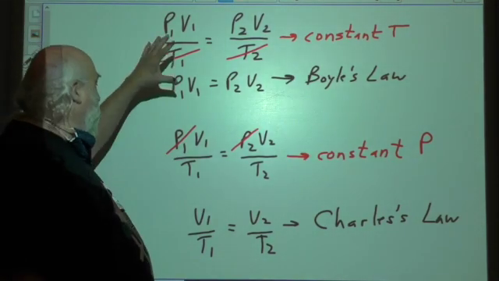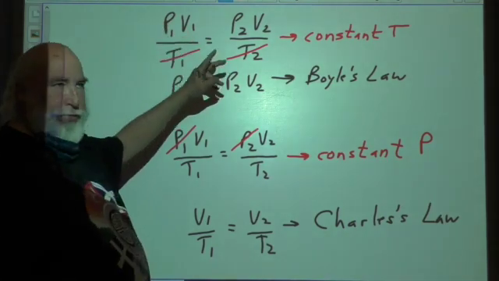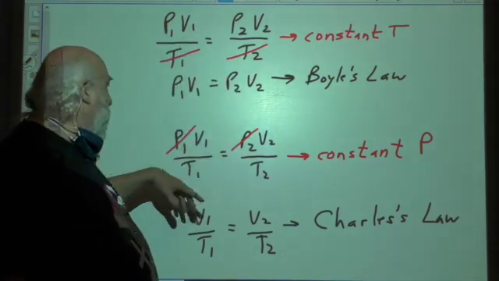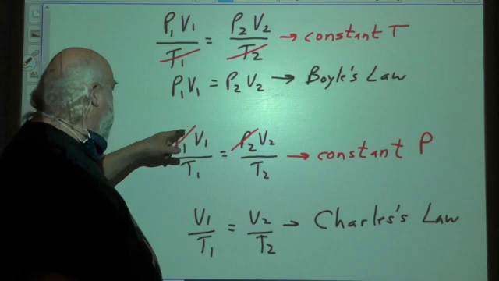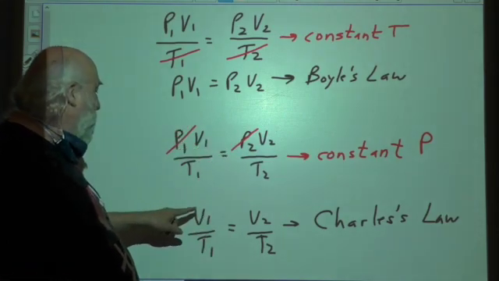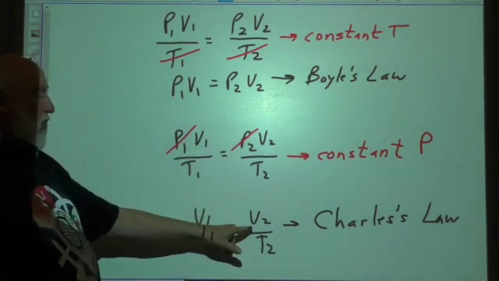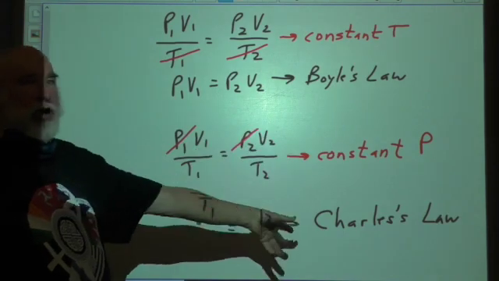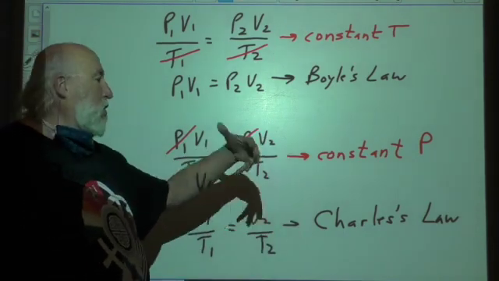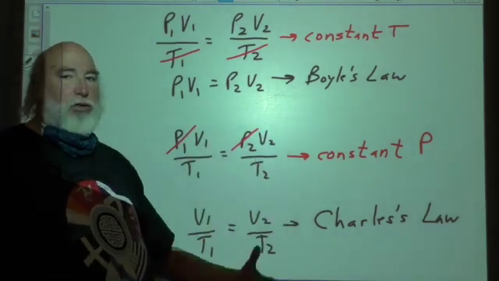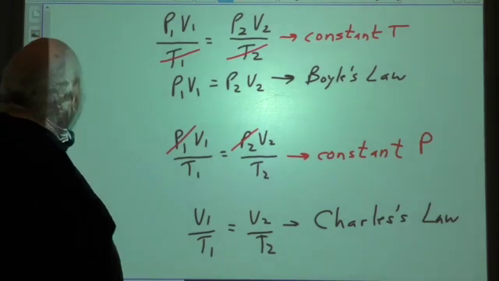If we took the same idea, the combined gas law, and said that the pressure is constant, the P's will cancel out, and that leaves us V1 over T1 equals V2 over T2. That is Charles's law, and we stated that Charles's law occurs when the pressure is constant.